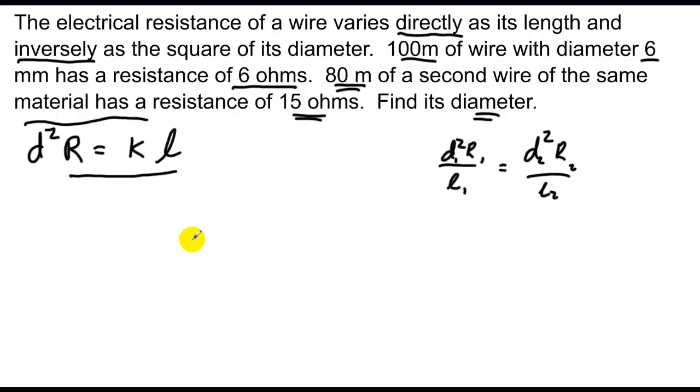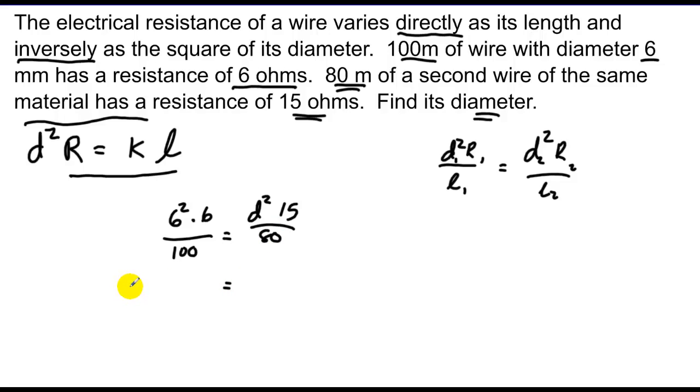So I'll go ahead and do that. I have my first case of a diameter of 6, so that's 6 squared, a resistance of 6, and a length of 100. And that's going to be equal to, we're looking for the diameter, we have a resistance of 15, and we have a length of 80. So this is once again going to be a calculator problem.